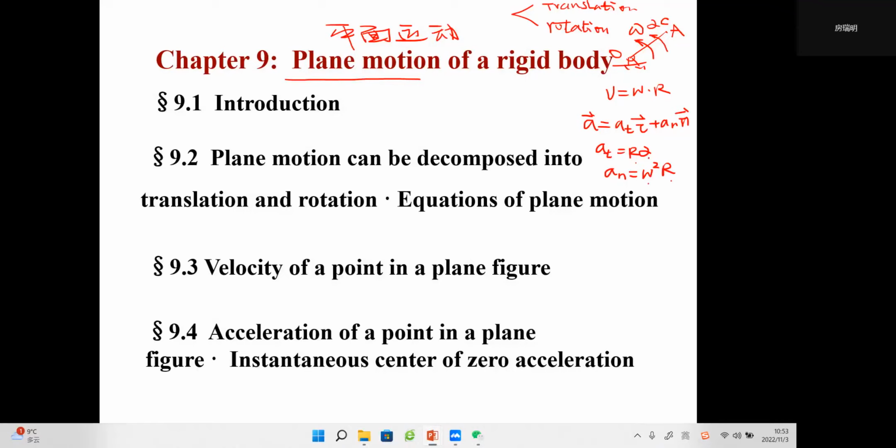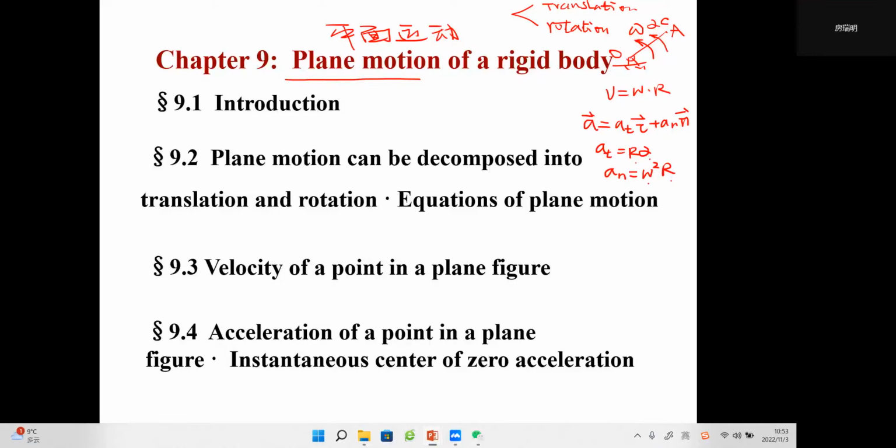But other things are the same, because all the points on the same rigid body share the same angular velocity omega and the same angular acceleration alpha, right? That's what we learned in the first chapters of this second part.